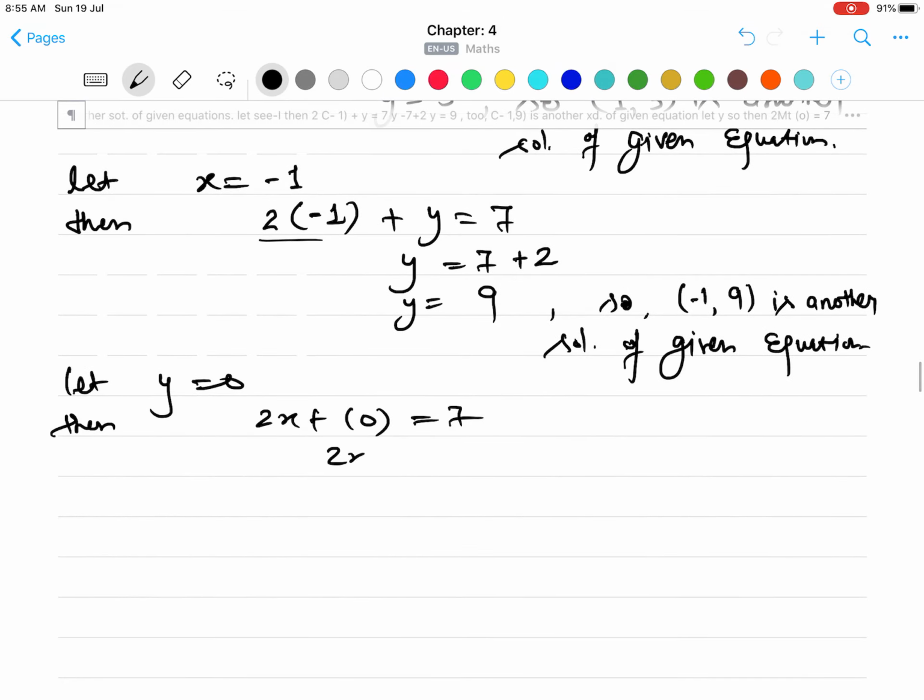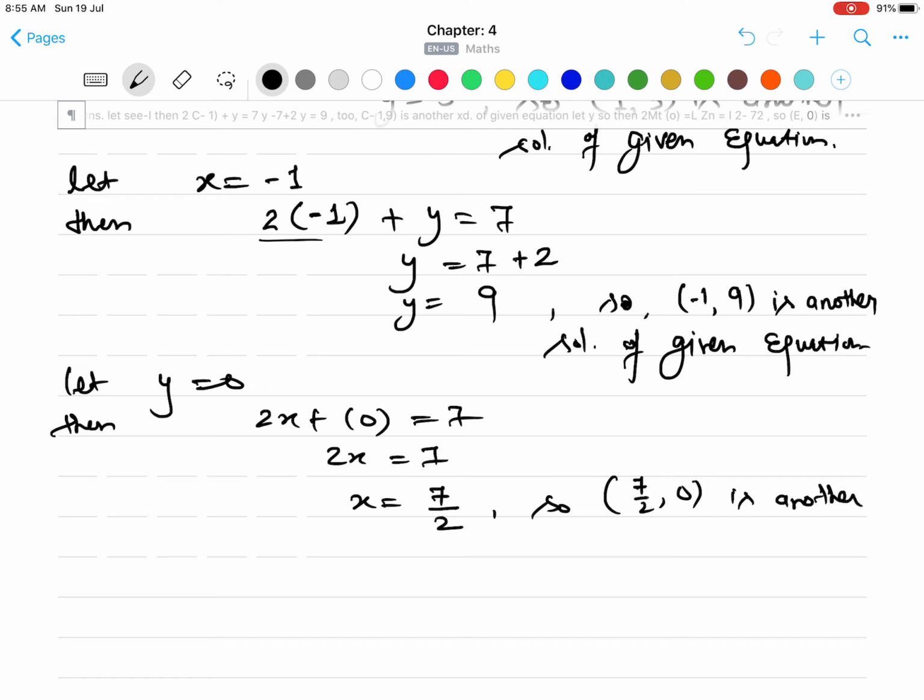So this will be 2x equals 7, or x will be 7 divided by 2. So x is 7 by 2 and y is 0 is another solution of given equation.